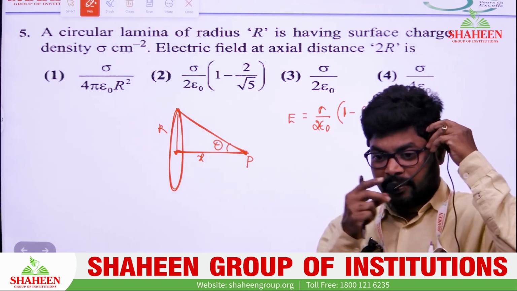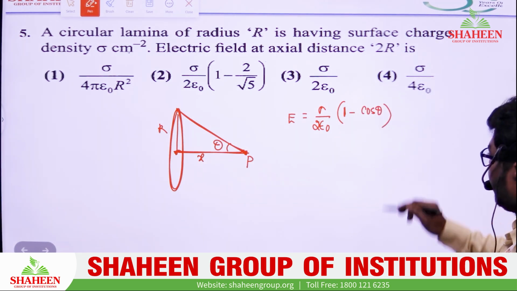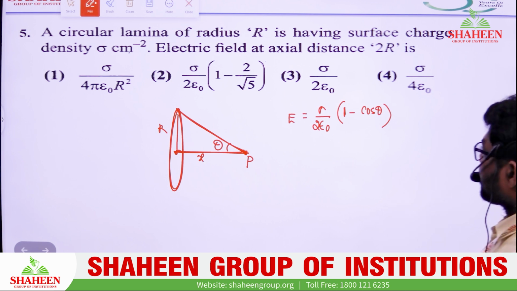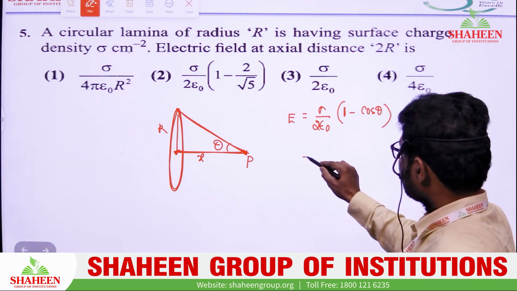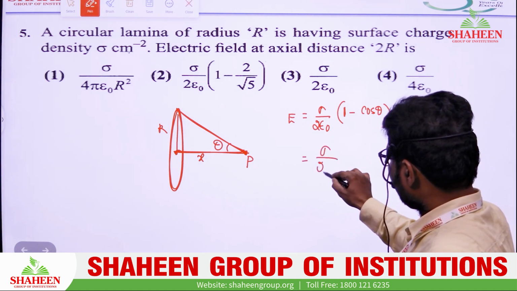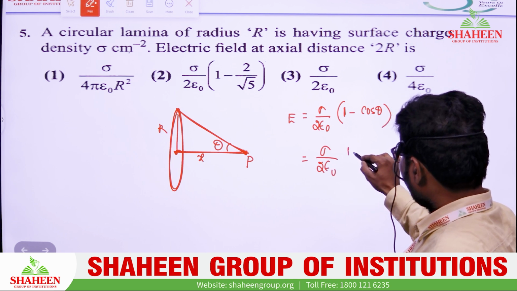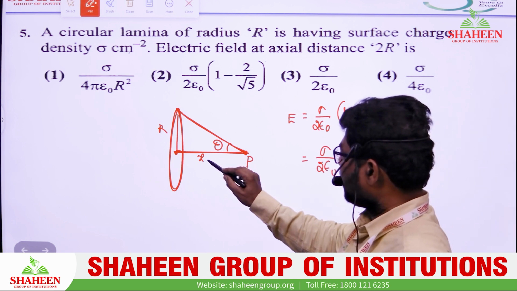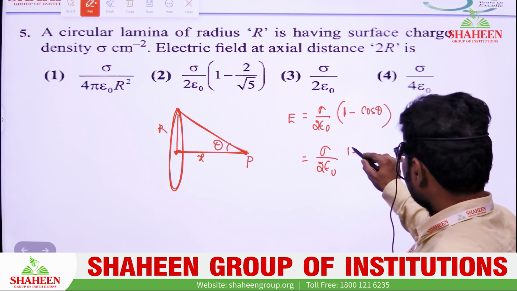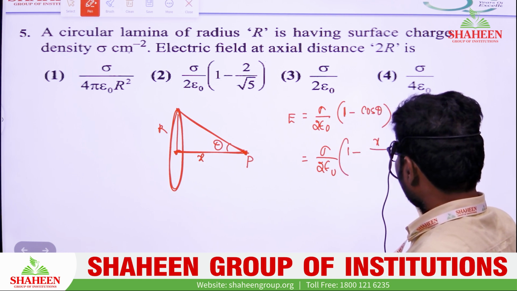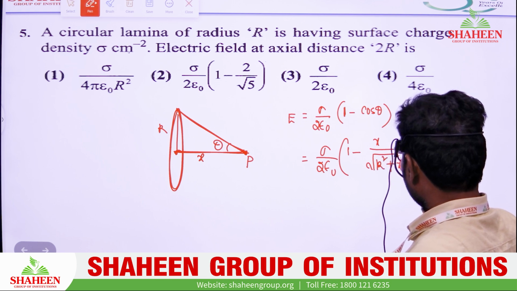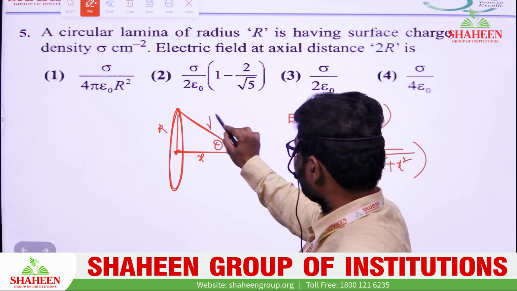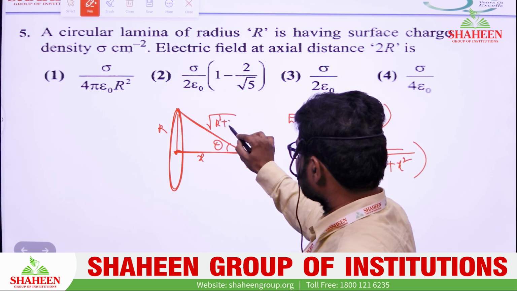Sigma by 2 epsilon naught into 1 minus cos theta. Cos theta is adjacent side by hypotenuse, x upon under root of r square plus x square.